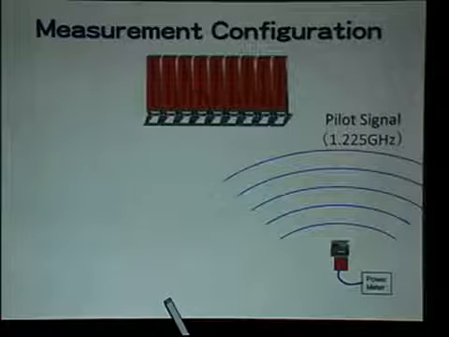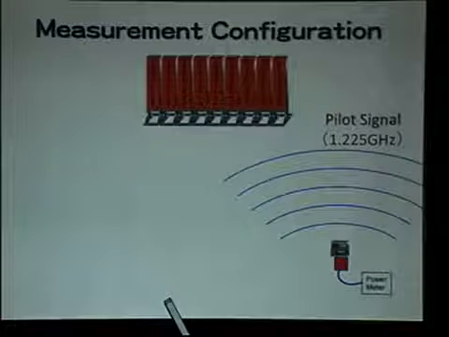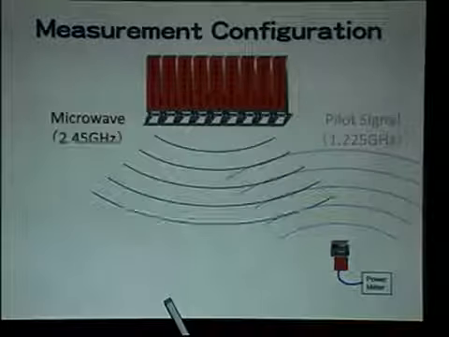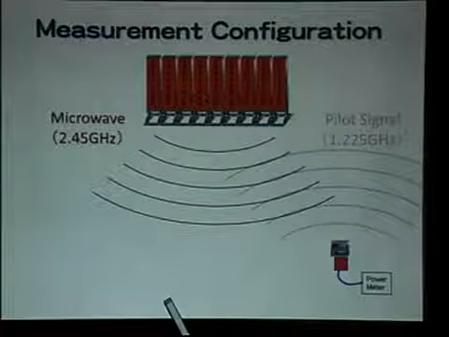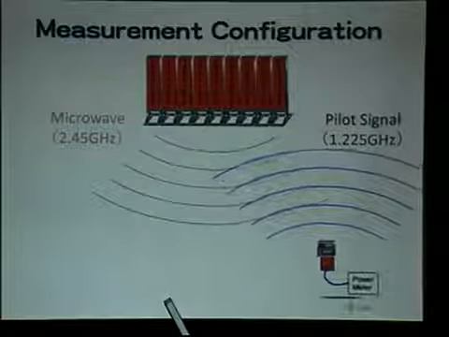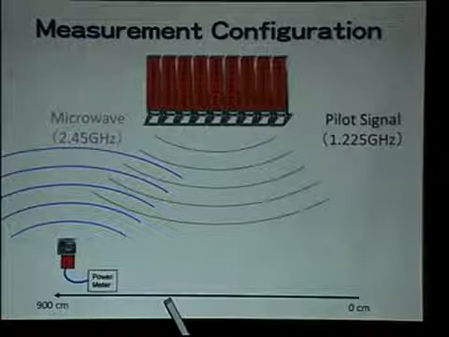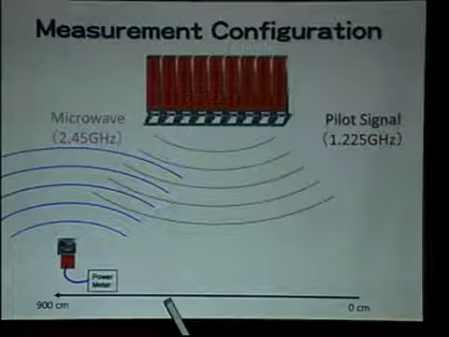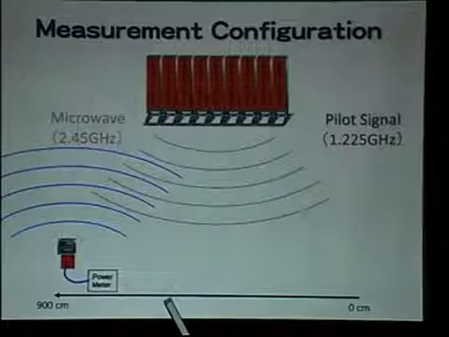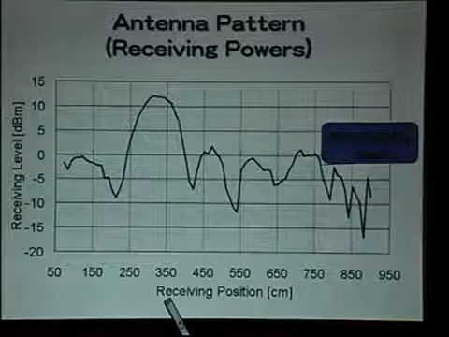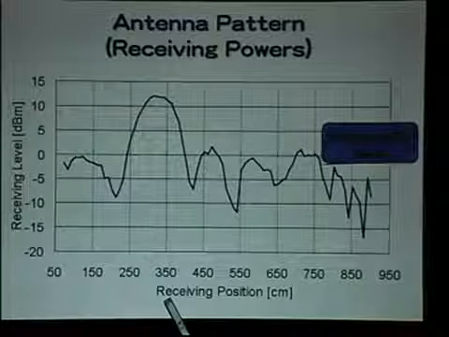So the pilot signal radiates from here, and the microwave is radiated, and we measure while moving the power signal together with the measurement system. This is what I showed you.